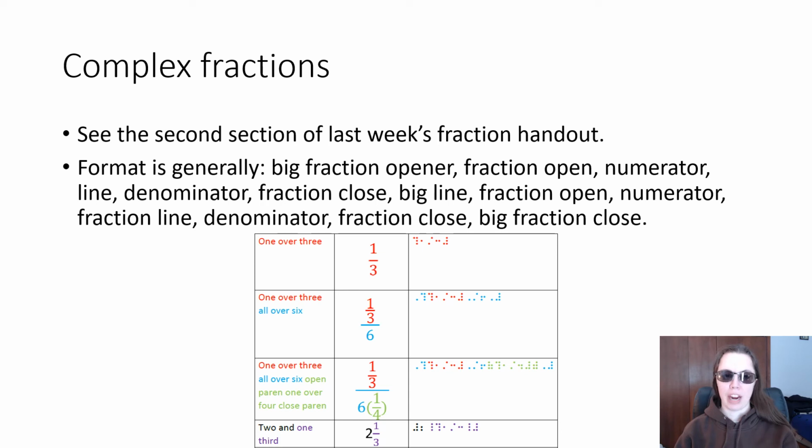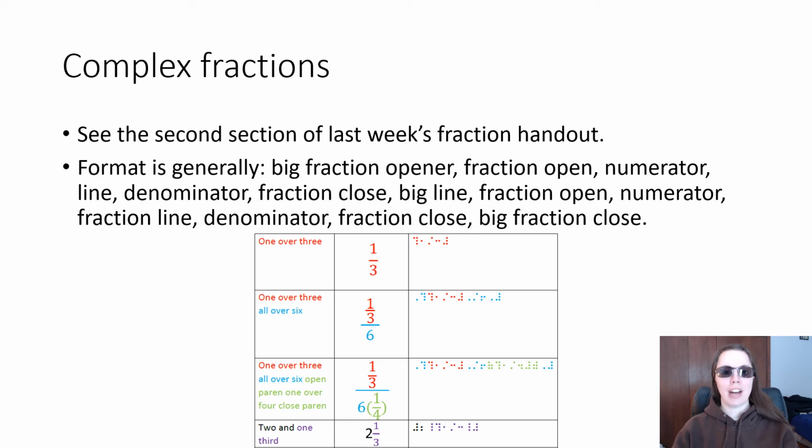By middle school, students already know how to write fractions. They're familiar with the fraction opener starting numeric mode and needing to close any fraction they open. In middle school, students will add on complex fractions, which are fractions with another fraction in the numerator or in the denominator.